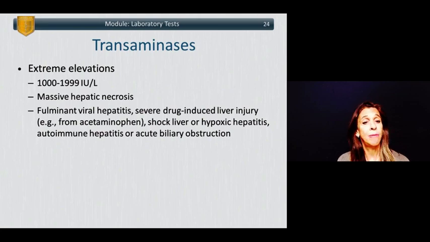This is usually due to massive hepatic necrosis, fulminant viral hepatitis, severe drug-induced liver injury such as from an acetaminophen overdose, shock liver or hypoxic hepatitis from extreme hypoxia or hemodynamic perturbations, autoimmune hepatitis, or acute biliary obstruction.